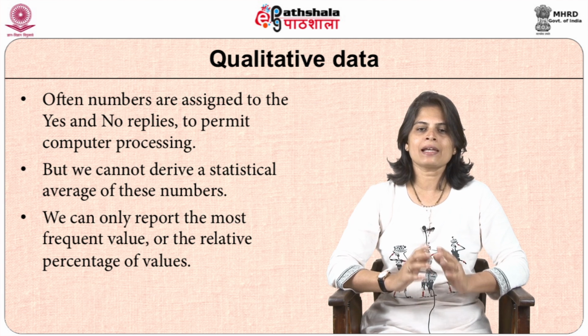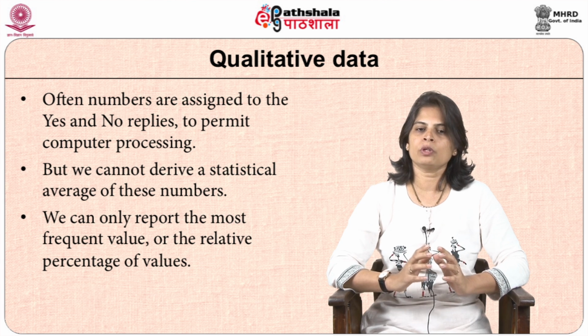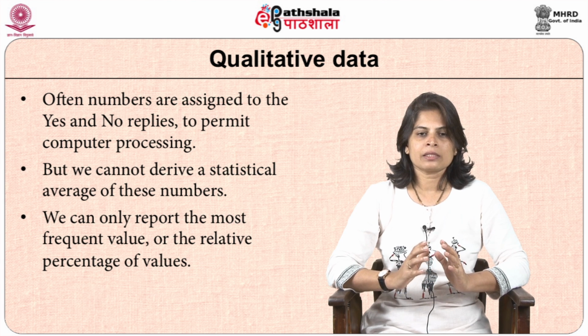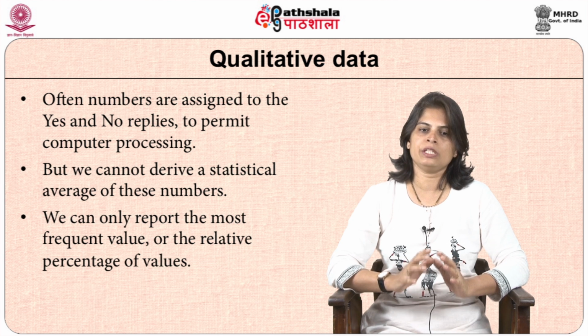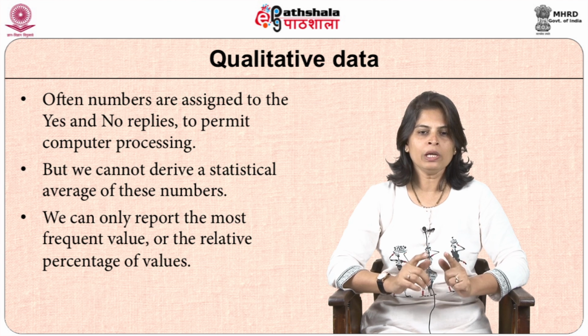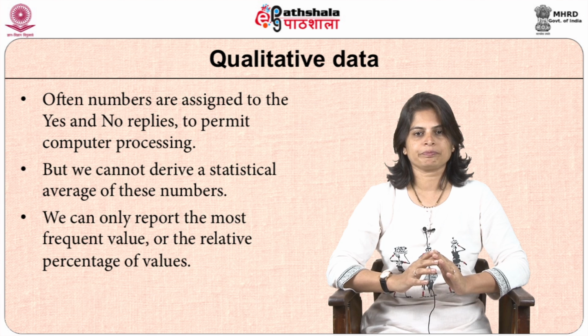Often, numbers are assigned to the yes and no replies to permit computer processing. But remember, we cannot derive a statistical average of these numbers. We can only report the most frequent value or the relative percentage of values.